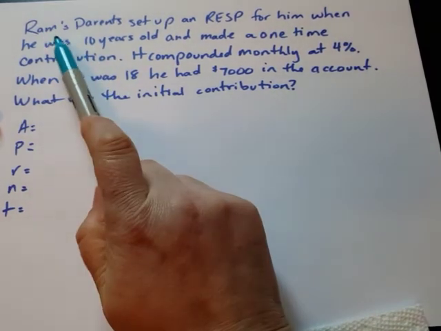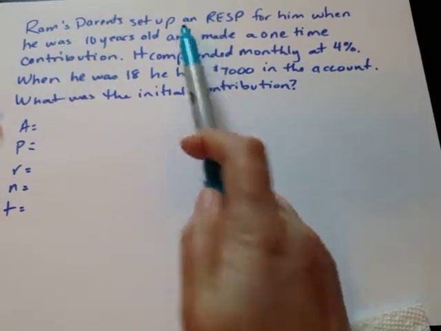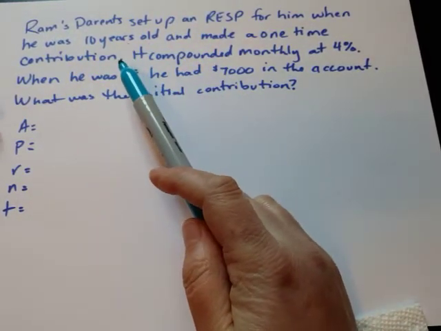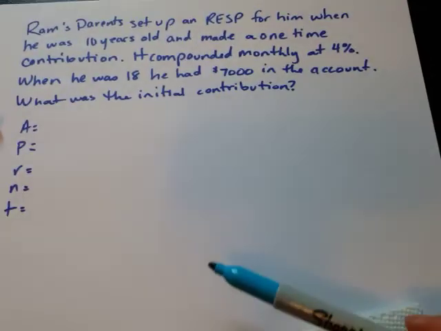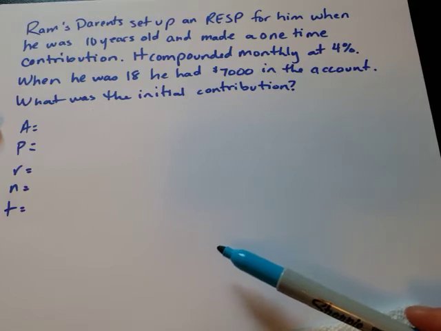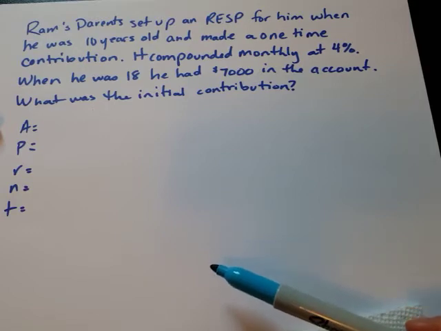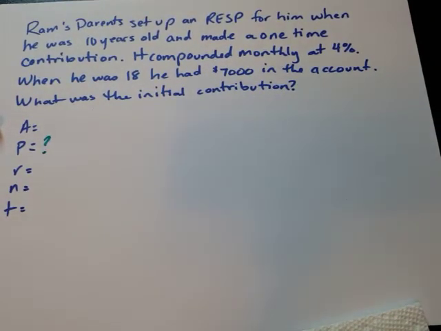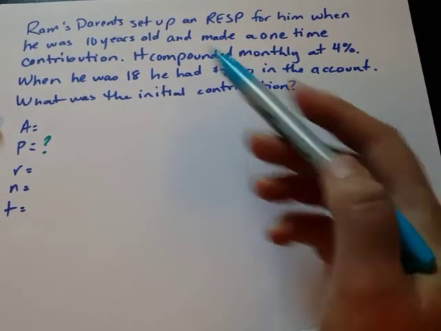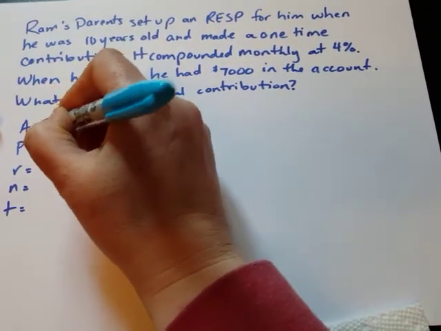So Ram's parents, they've got an RESP. They started it when he was 10 years old. It's never too late. And they threw a bunch of money in. So that's the question, is how much did they put in at the beginning? So what we're solving for is our principal. We know that there's $7,000 at the end.